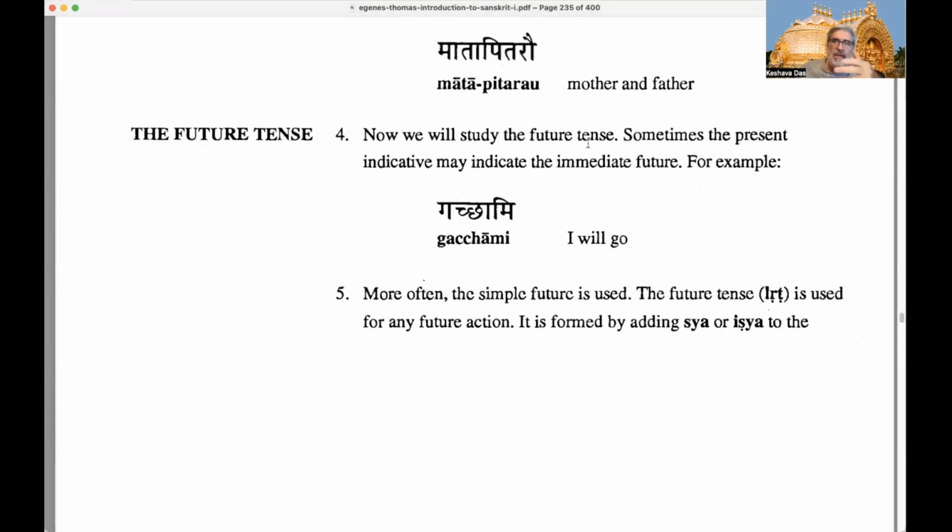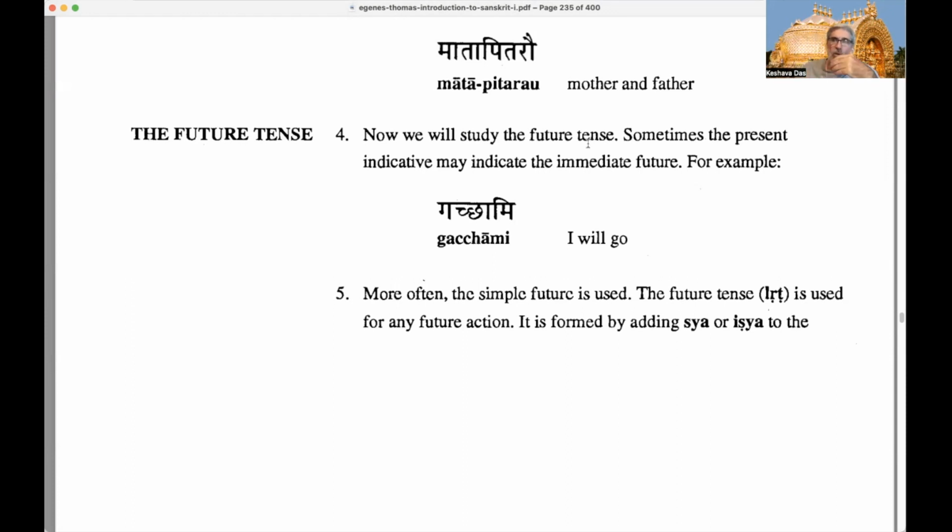So here, the same thing in Sanskrit. If somebody says gachami, it literally is the present tense. So it means I go or I am going, which is the simple present and the present indicative and the present continuous, which are synonymous in English pretty much, right? And if we use it in Sanskrit, we can also use it for I'm just about to go, where the going is going to happen in the near future.